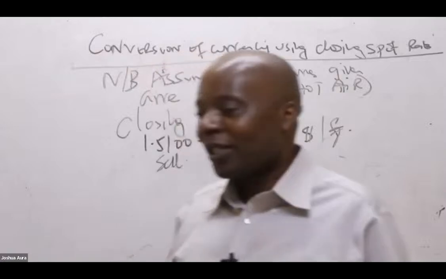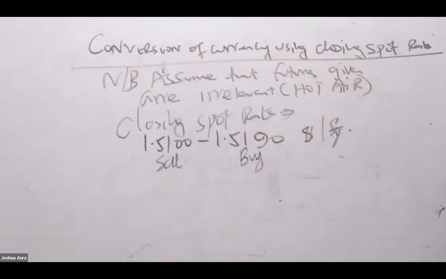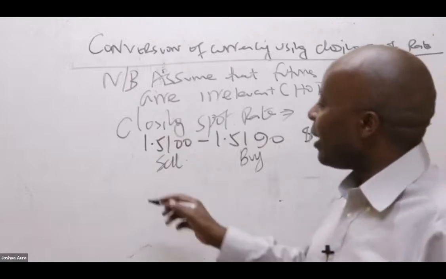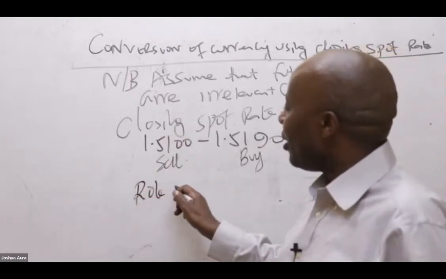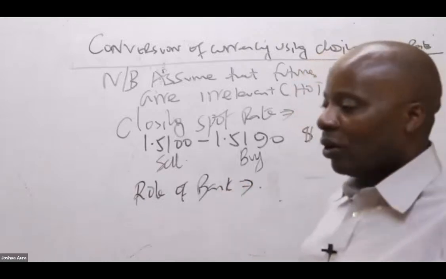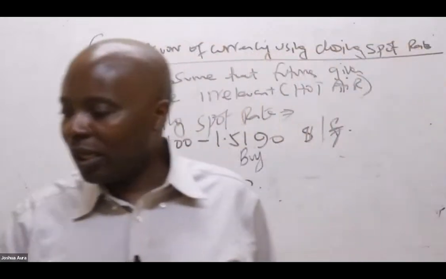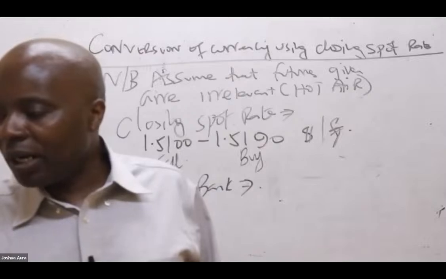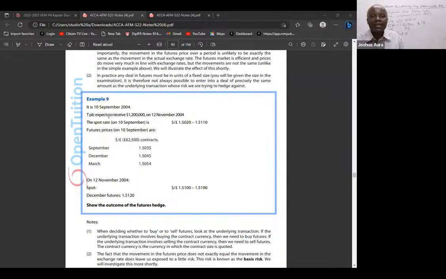Beatrice says yes, thank you so much. Now in this question, what role do you think the company, or rather the bank, will play? The role of the bank. It's a receipt question. And I told you, whenever it's a receipt question, the bank always does what?